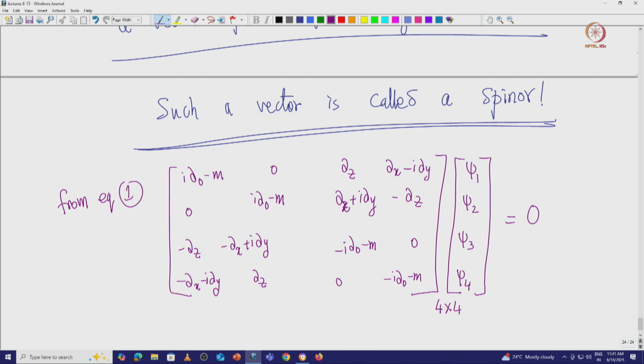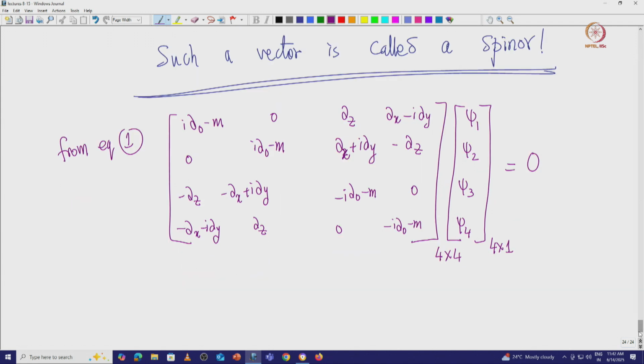It's a matrix equation. This is a 4 component wave function. And this entire thing we write in a simpler fashion in terms of I del slash minus m to psi is equal to 0. If we expand this, this entire thing becomes in this fashion.